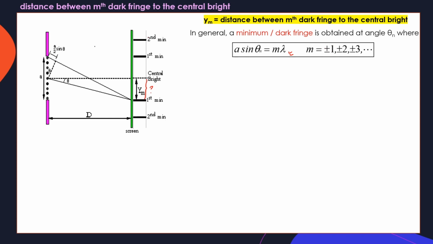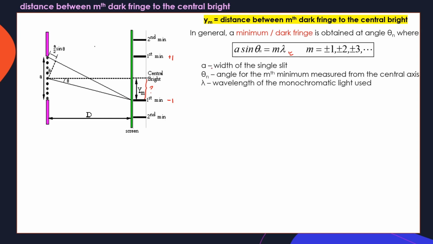Because we have two sides, the top side and the lower side. Let's say this is the positive m, m equal to 1, and this one is negative 1. That's why we have two signs for the order number. So a is the width of the single slit, where theta_m is the angle for the m-th minimum measured from the central axis.